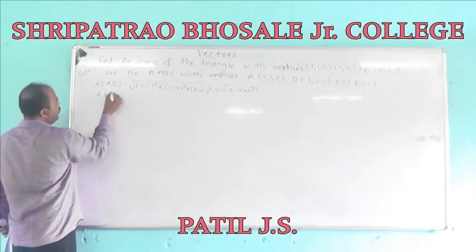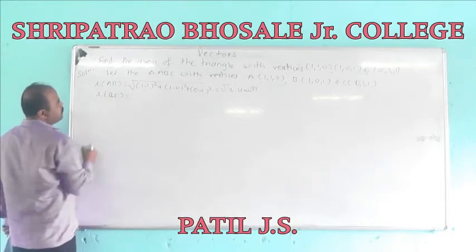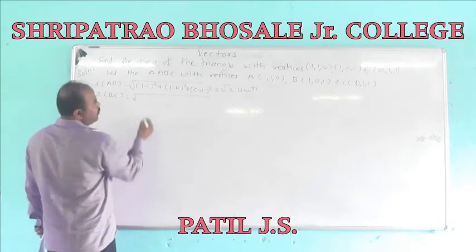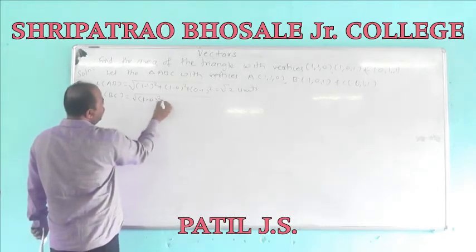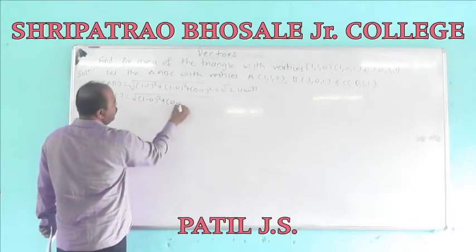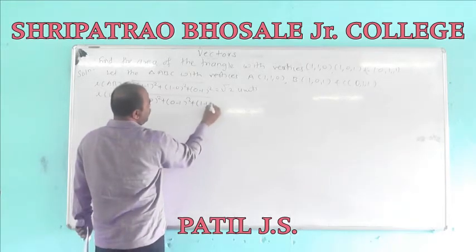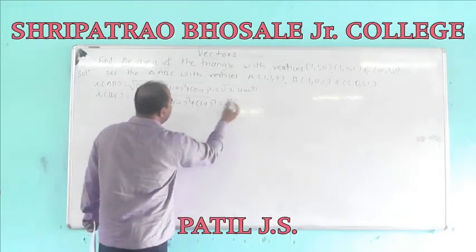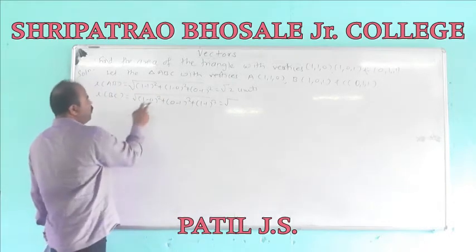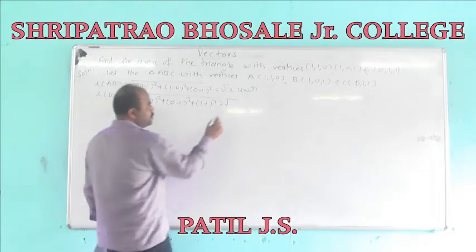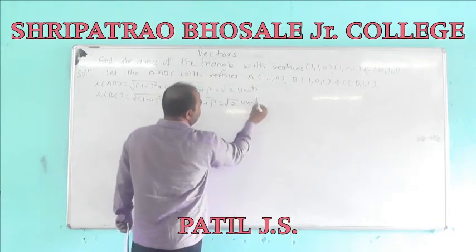Next, BC is the square root of (1 minus 0) square plus (0 minus 1) square plus (1 minus 1) square. This is 1 square is 1, minus 1 square is 1, and this addition is equal to root 2 units.